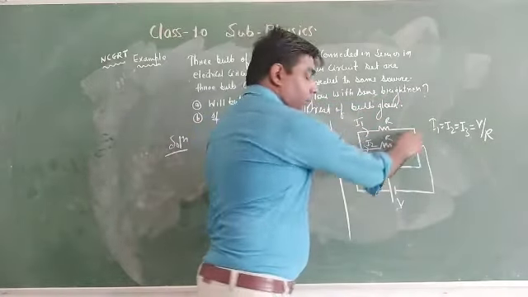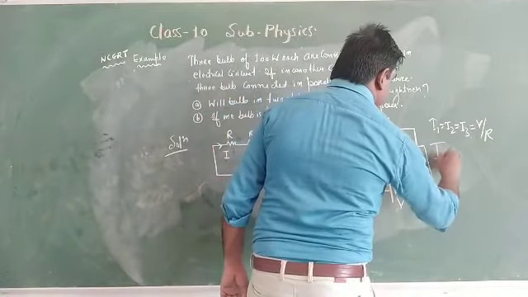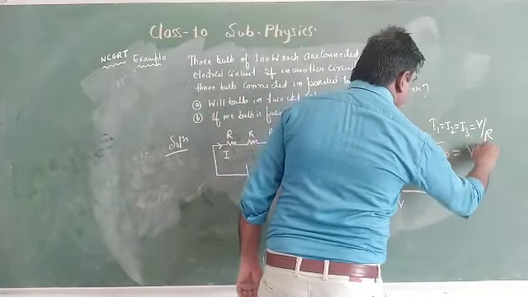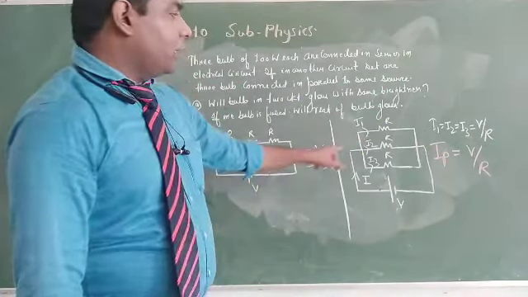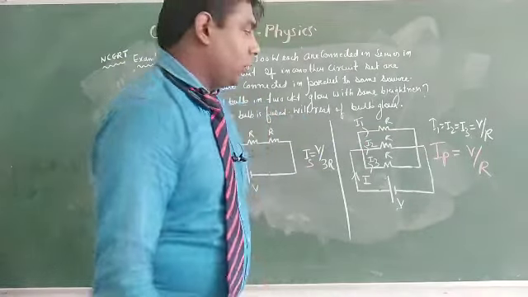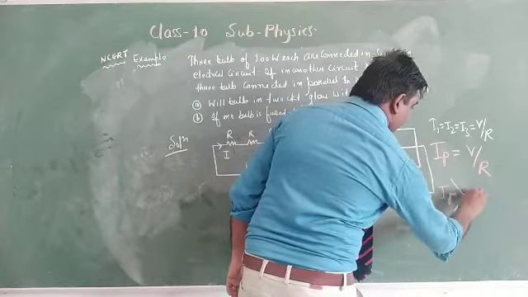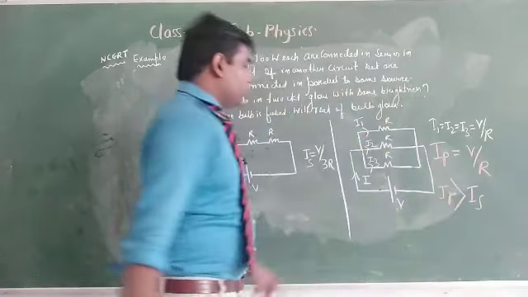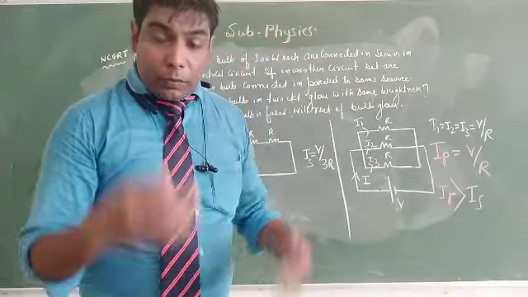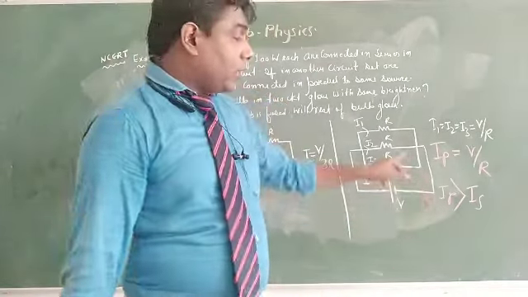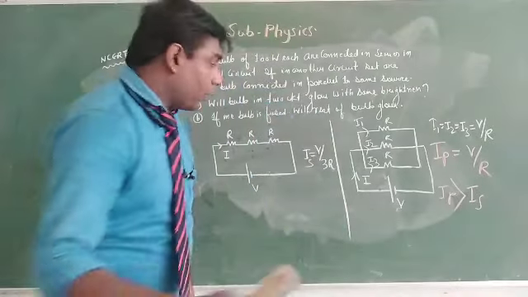Now if you compare this, if you see the series current and the parallel current, which is more? See, this current is less than this current. That is, in a parallel circuit, when bulbs are connected in parallel, then current is more. So in the parallel circuit, the bulb will glow more brightly.